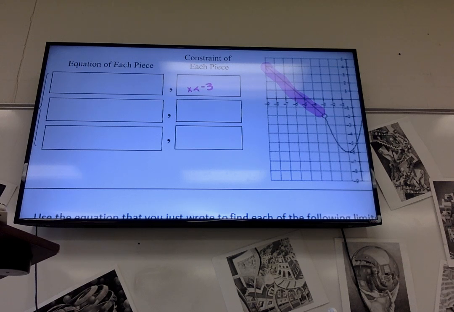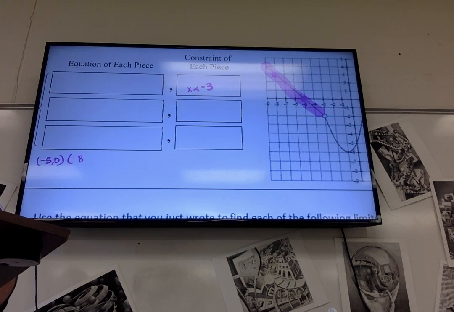Personally, I guess, maybe take 2 points and find the slope. You can do it that way. I have that point negative 5, 0. And I have the point negative 8, 3. Double check me.